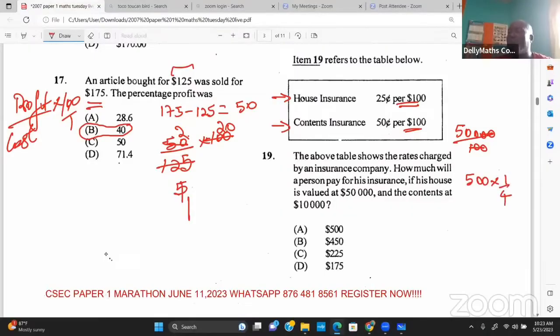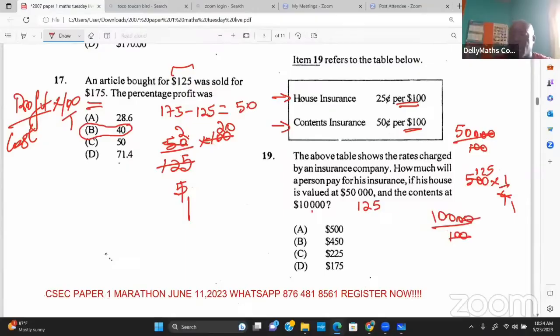So I'm able to work out my dollar value now by simply dividing this by 4. 500 divided by 4, you get 125. So for the house part, it's going to be $125. For the contents, I'm going to still try to find out how many hundreds I have in 10,000.